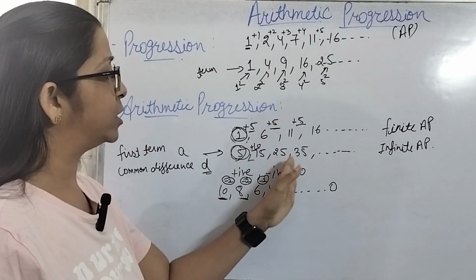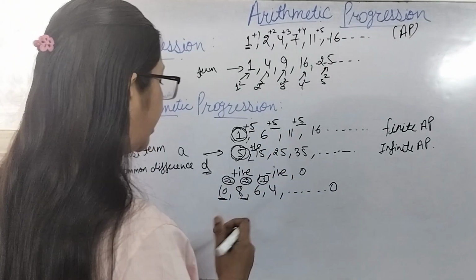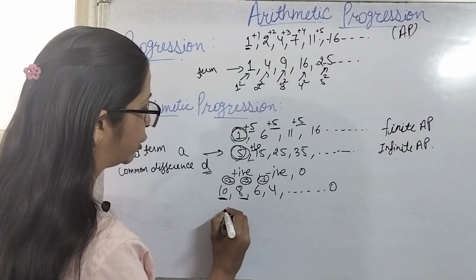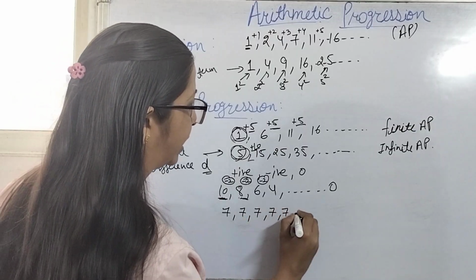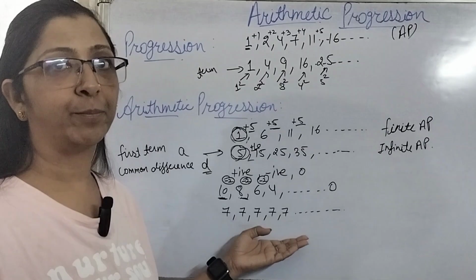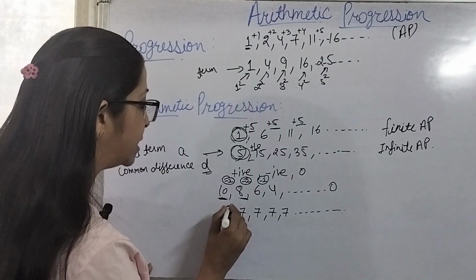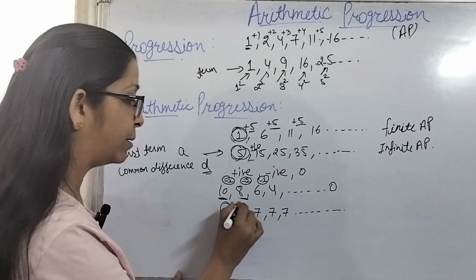These were the examples when the common difference which we were adding was positive. Now one more example we can take. If your sequence is 7, 7, 7, 7, like this, this sequence is even an example of AP. Why? Because in this number we are adding 0 to get this number.